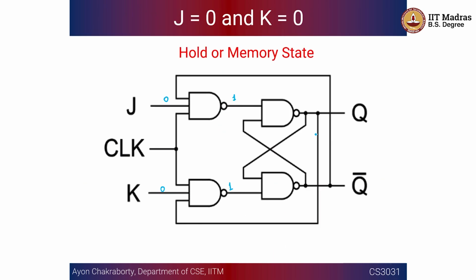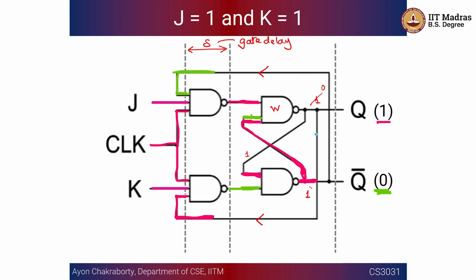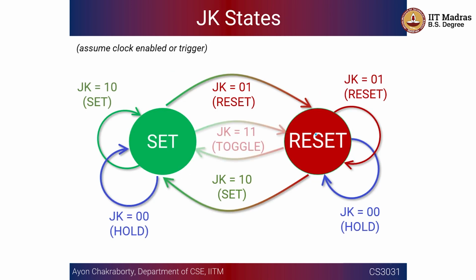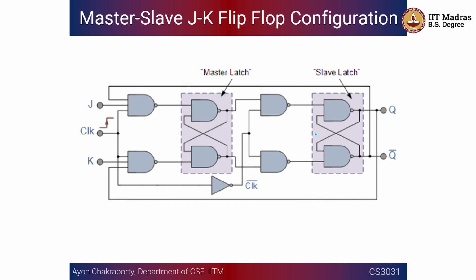Similarly, in case of the JK flip-flop, we are going to have a very similar story where we are going to show you the architecture to avoid this race condition. And this architecture is something like this. Do not look at the picture as a whole.